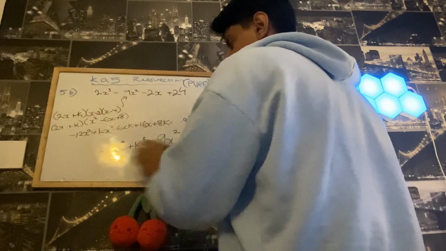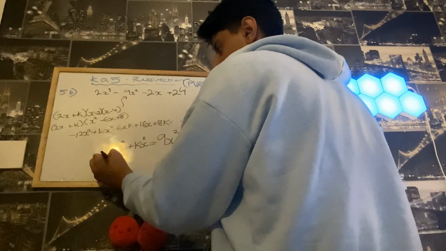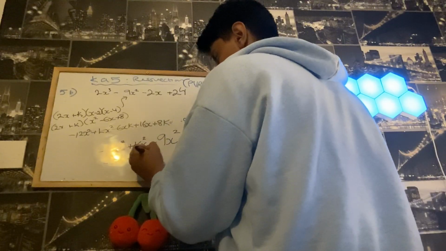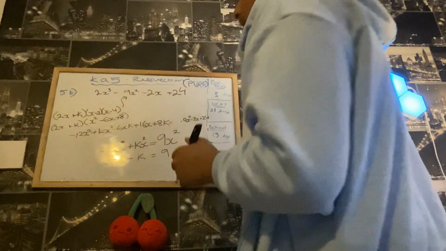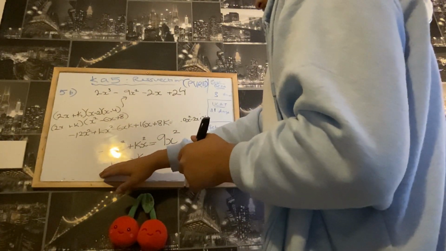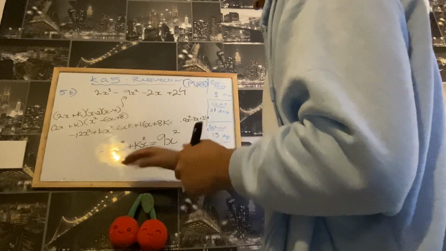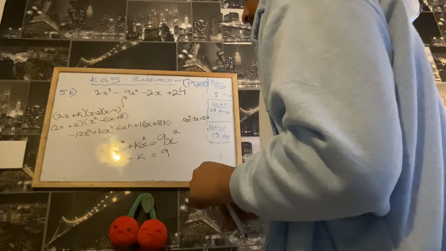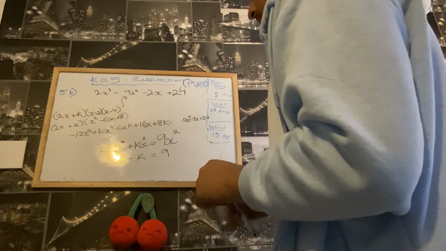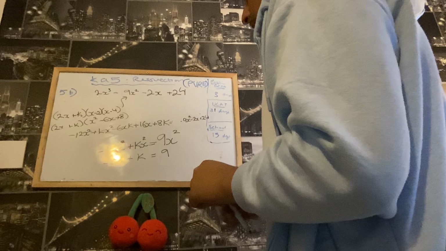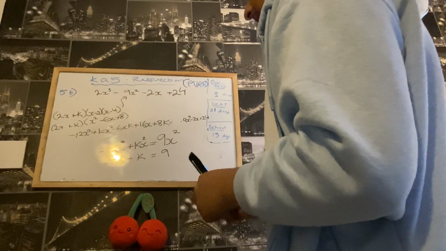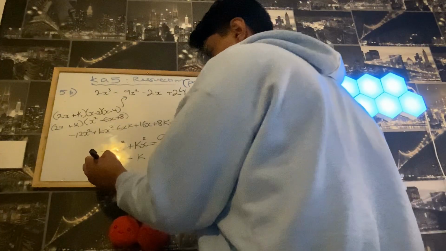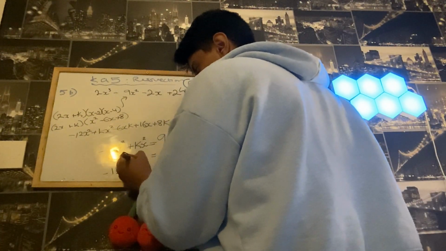Now the x squares would cancel out in this kind of scenario. Then we would know that k would have to be 3, okay, because minus 12 plus 3 is equal to minus 9.